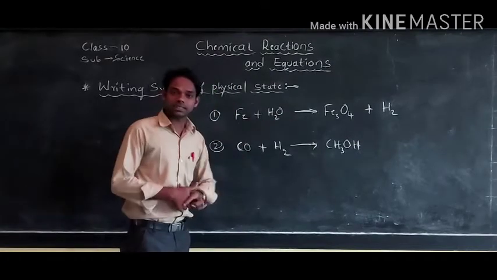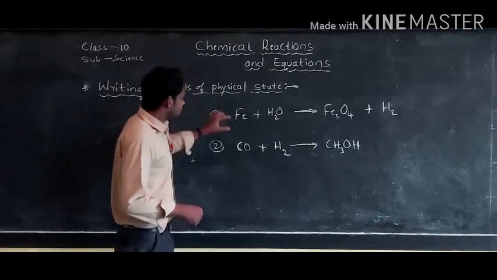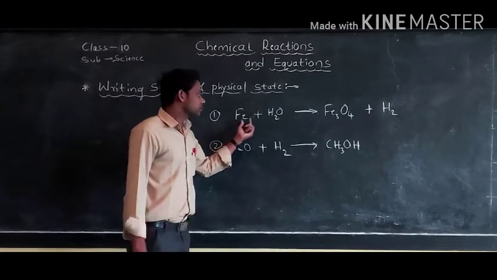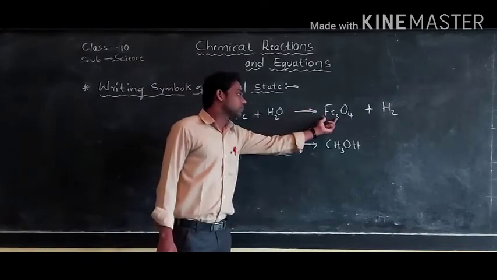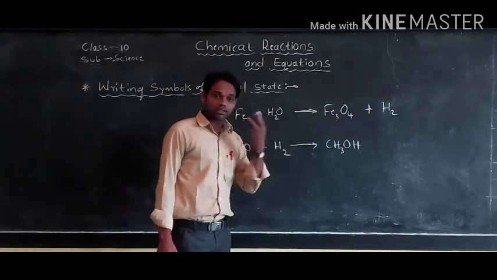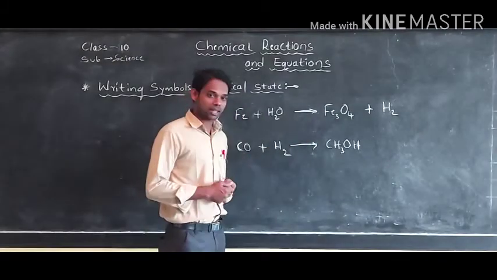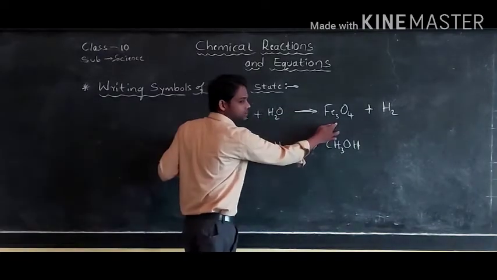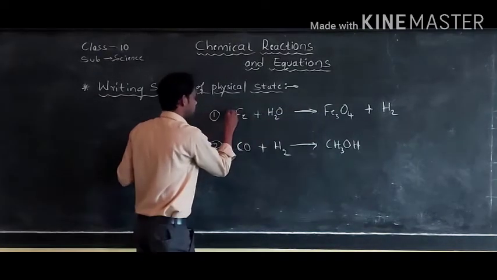Let's start with balancing the chemical equation. The number of atoms of iron in the reactants is 1 and in the product is 3. So I have to balance the iron. So here 3 atoms are there, so I will make it 3.